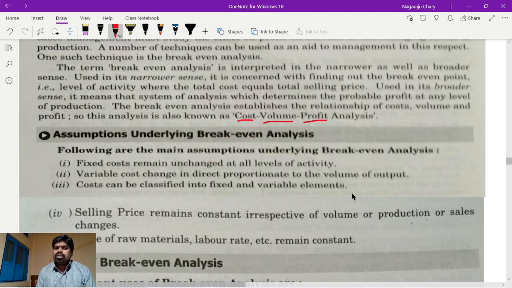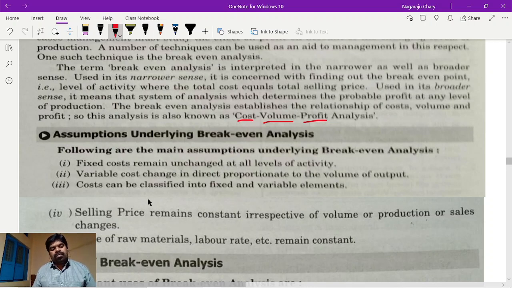If there is no production, there is no variable cost. So the value of variable cost depends directly and proportionately on the volume of output. That is also another assumption.